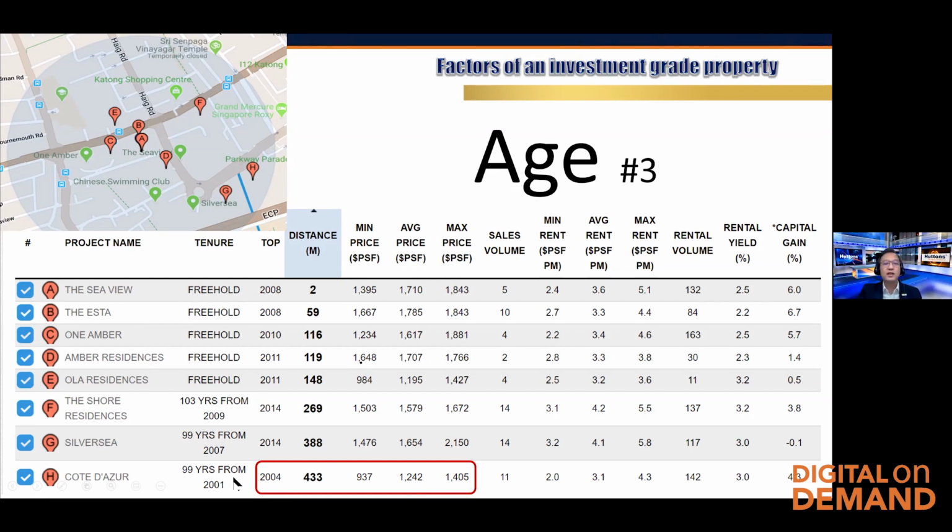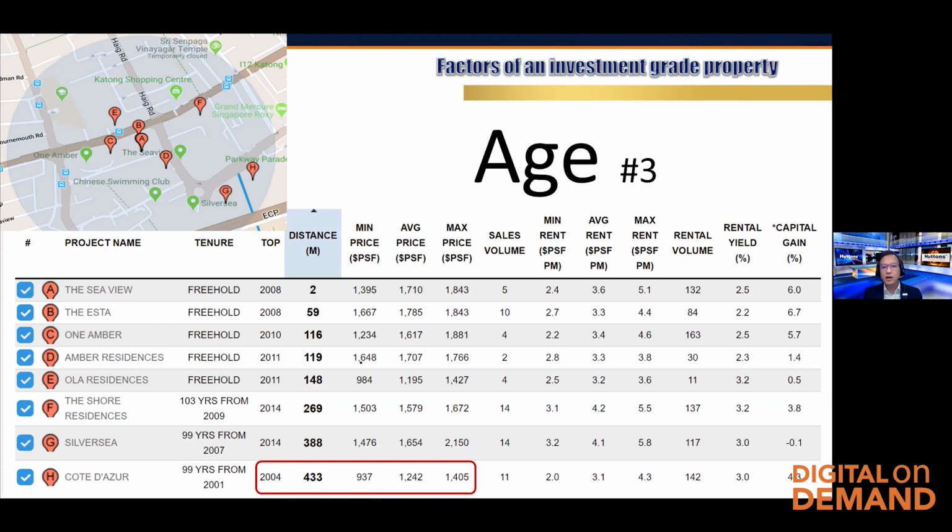But you must understand how old this development is. The land lease starts from 2001, TOP in 2004. When we compare this with the younger leasehold, you will start to see that the price appreciation does have some resistance.